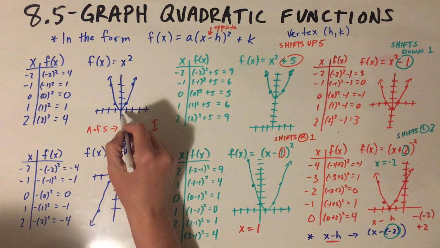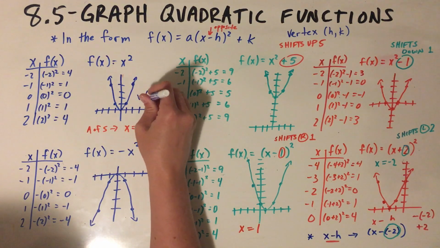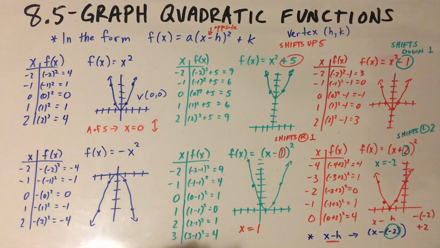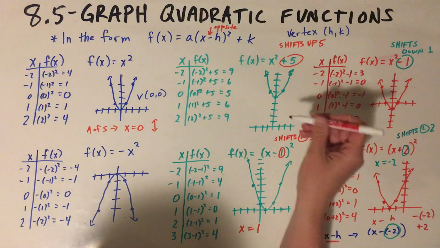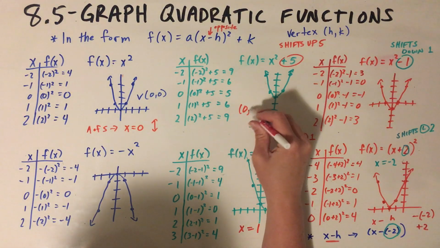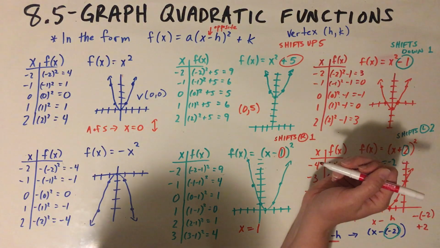So here, there is no h and there is no k, so the vertex of this graph is 0, 0. That is where we started from. If I'm looking at this graph, there's no h, but there's a k. So if h is 0 and k is 5, the vertex of this graph is at the point 0, 5. So you can see that here.